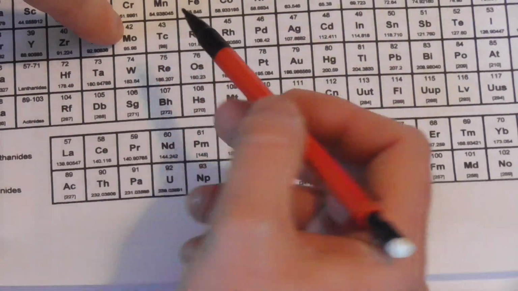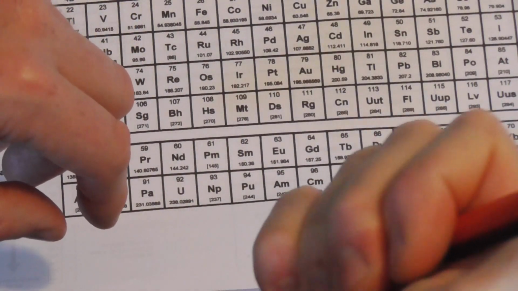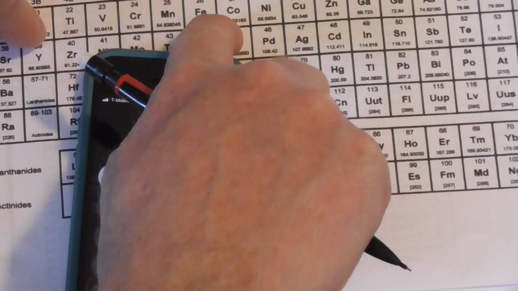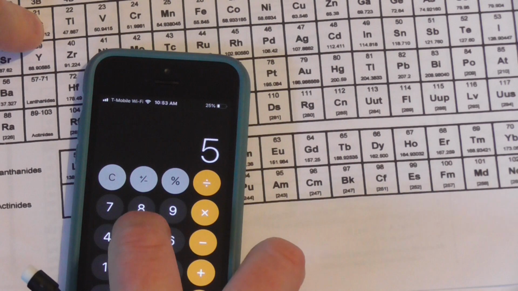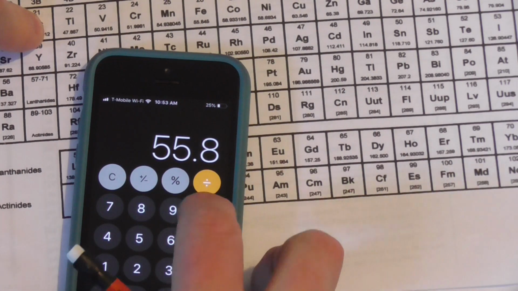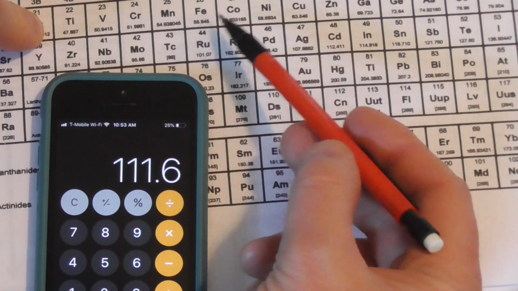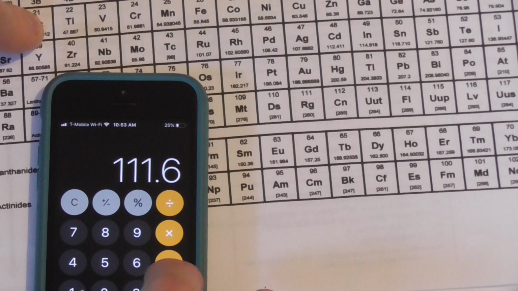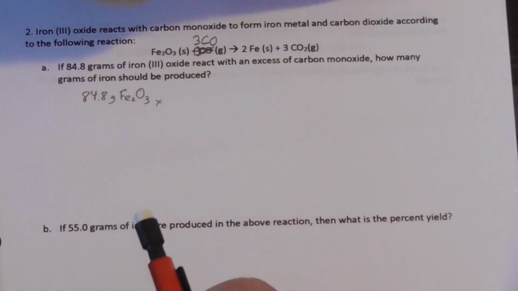So I have 2 atoms of iron in my formula unit of iron 3 oxide. So that's 55.8 times 2. And then I have 3 oxygen atoms. Now 16 times 3, I do it in my head, that's 48. 159.6 is my gram molar mass for iron 3 oxide.